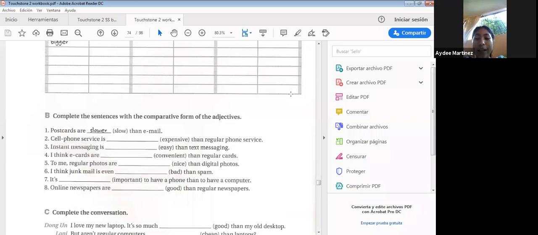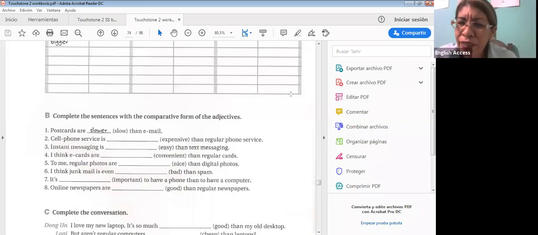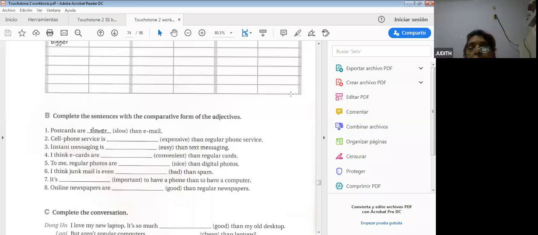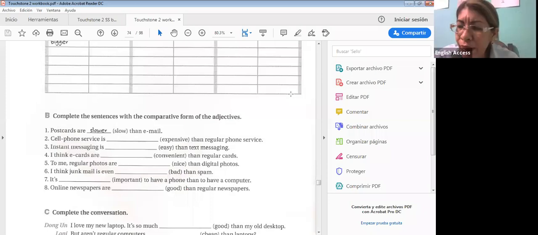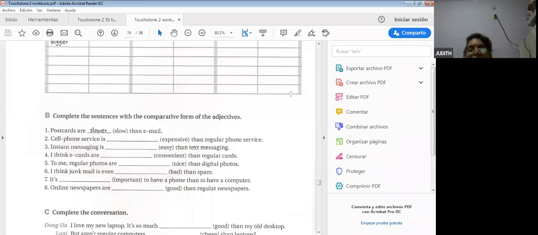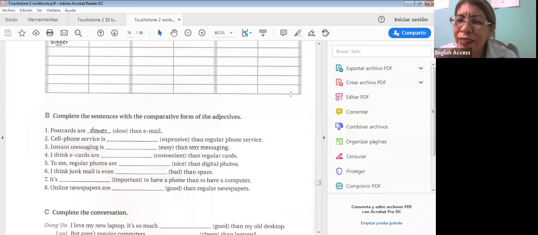Fun? Why fun, Heide? It says bad in parentheses. What is the comparative form of bad, Heide? Who did? Quiet, please. I want her to do it.